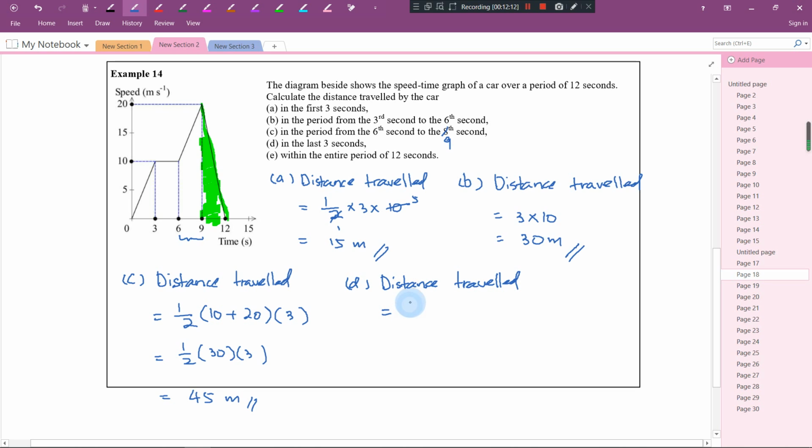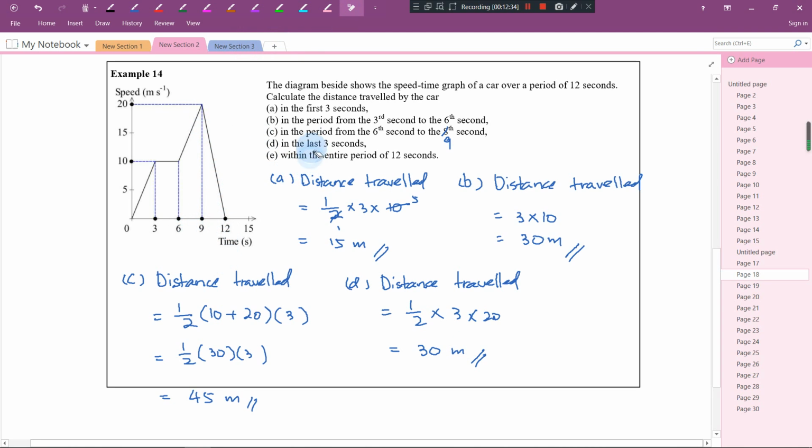To find the area of a triangle, 1/2, remember, times the length here, 9 to 12, which is 3, times the height, which is 20, and you get 30 meters.